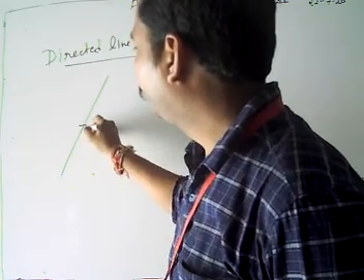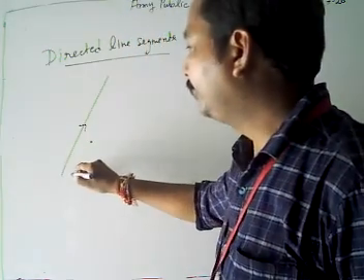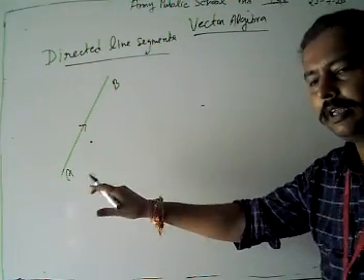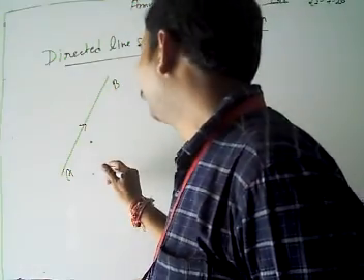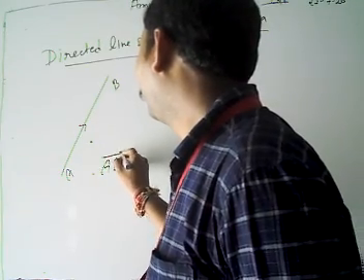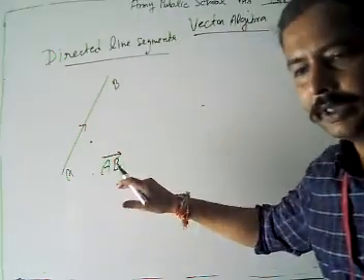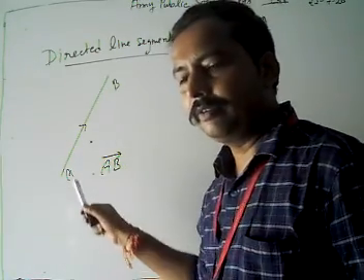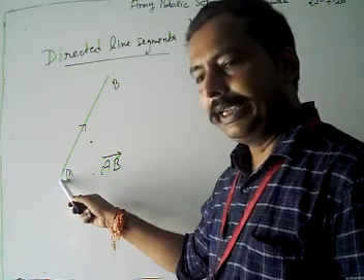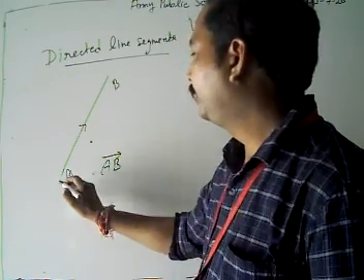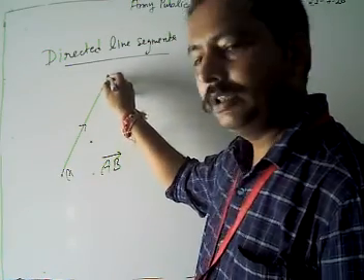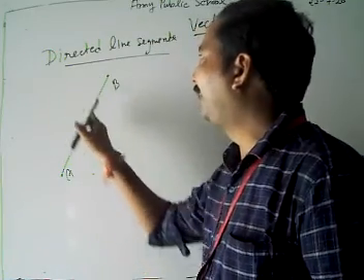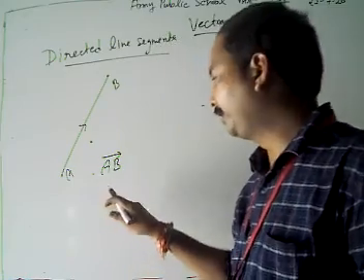Suppose with an arrowhead we have A and B. It is written as vector AB. This is our directed line segment with end points A and B, where A is the initial point and B is the terminal point. This is the directed line segment AB, written as vector AB.